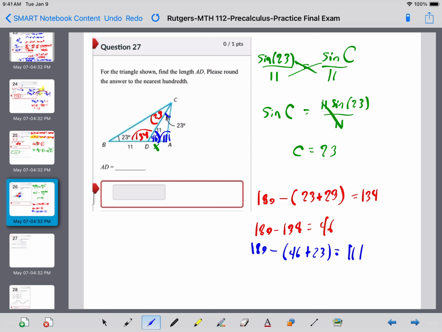So now we have an angle on a side, angle on a side, and we have the angle. We could use our law of sines. So sine of 23 over x equals sine of 111 over 11.